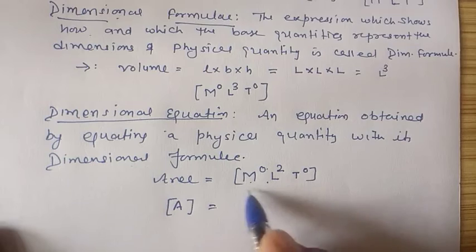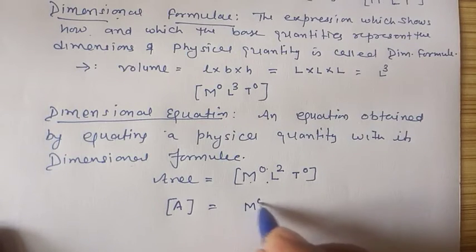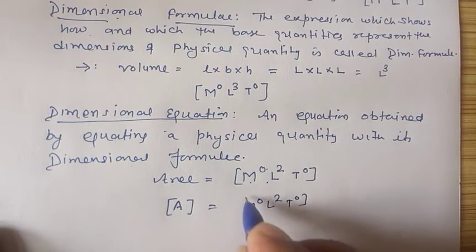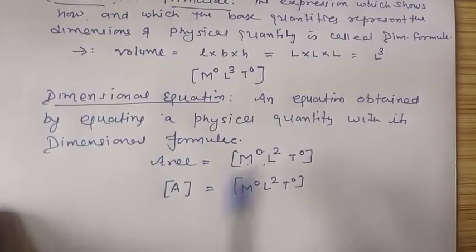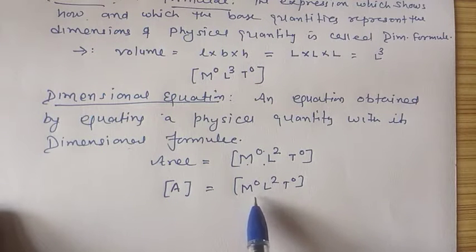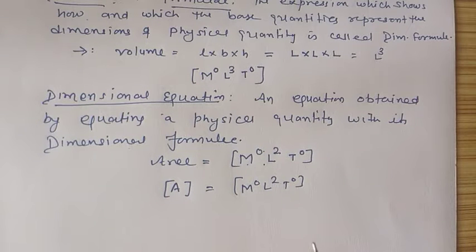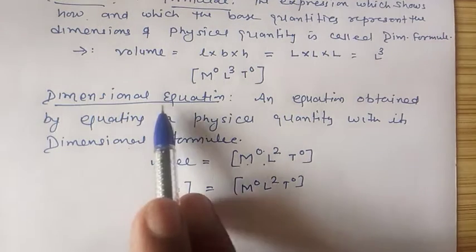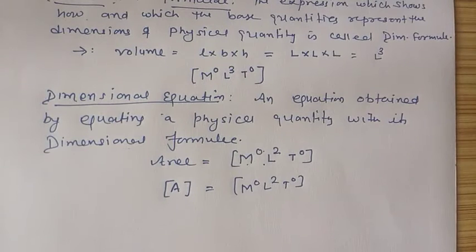It is a dimensional formula. So you are equating a physical quantity with its dimensional formula, and this equation is called the dimensional equation. Once again, a physical quantity when equated with its dimensional formula, the equation is termed the dimensional equation.